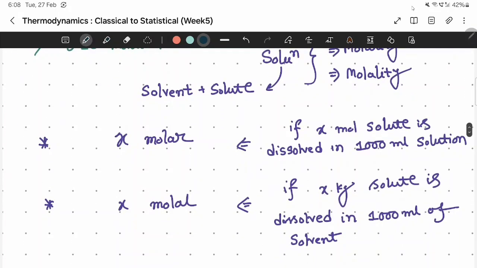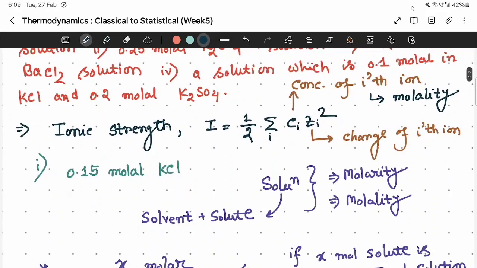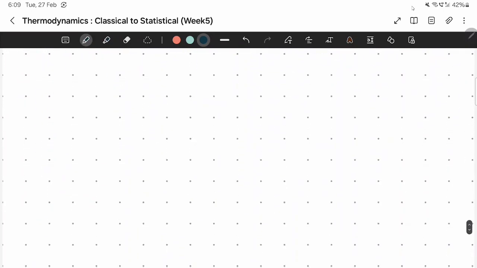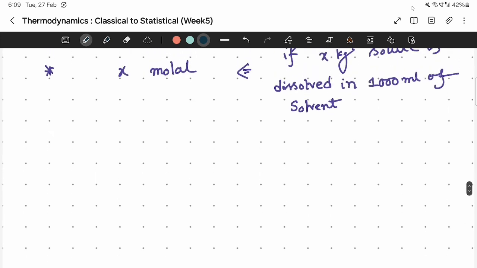Both are concentrations and we can change from molarity to molality or normality, so they are interchangeable, but for ionic strength we basically deal with molality. If nothing is mentioned, generally molality is considered to be given.